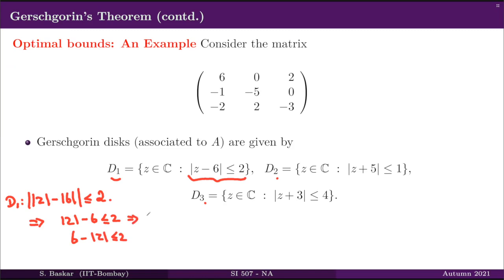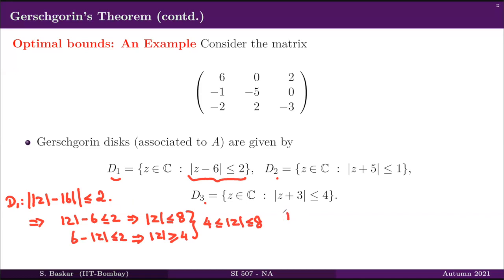Now, this implies mod Z is less than or equal to 8, and this implies mod Z is greater than or equal to 4. Both combined together, we can write 4 less than or equal to mod Z is less than or equal to 8. So this is the information we get from D1.